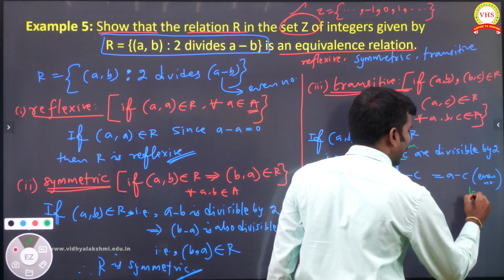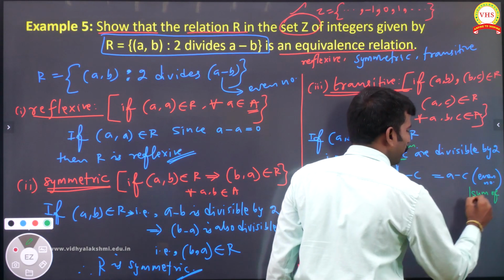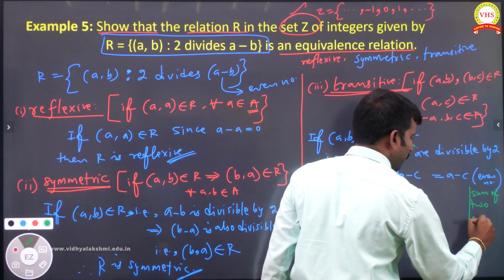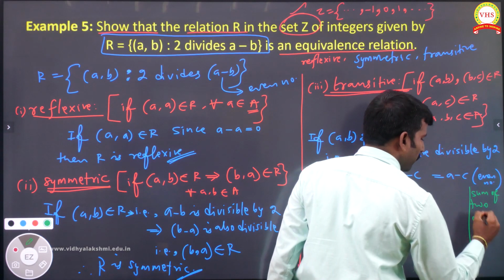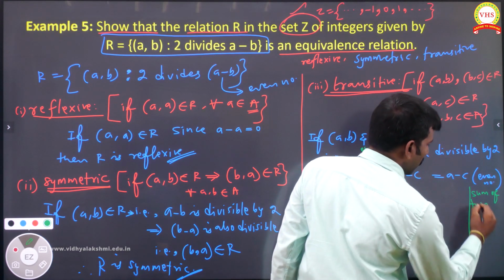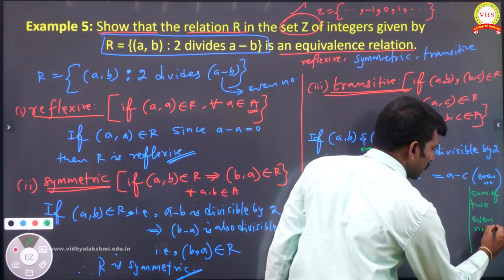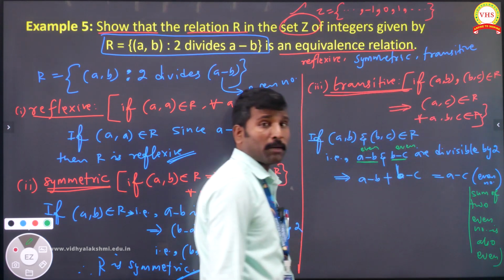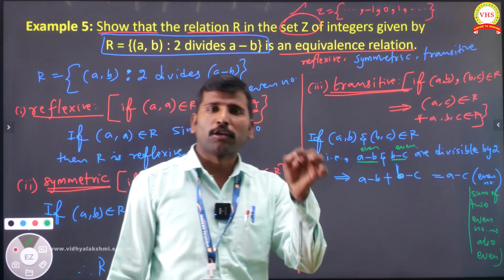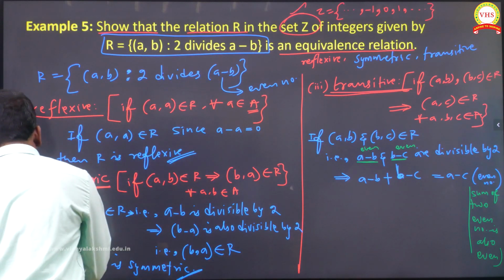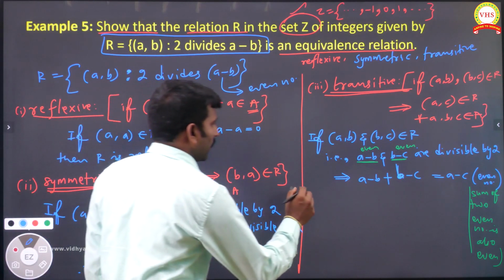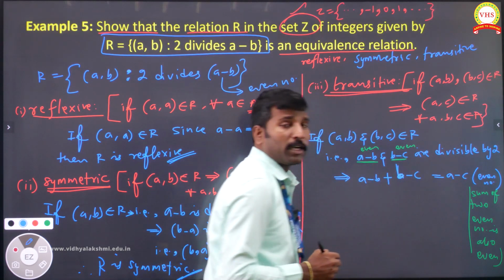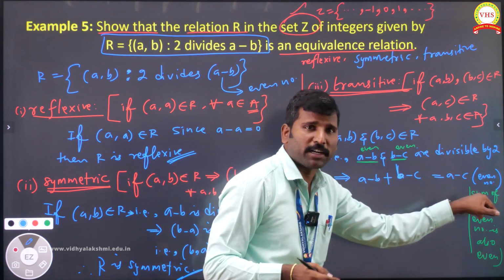Then you write, the sum of two even numbers is also even. By using that result, a minus c is also an even number. a minus c is an even number.